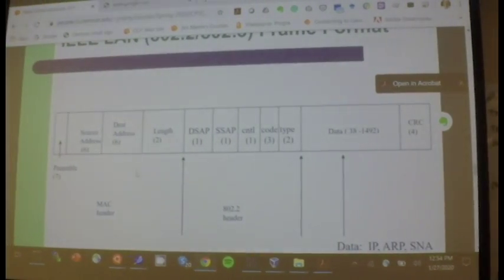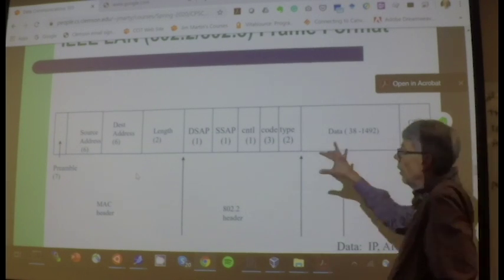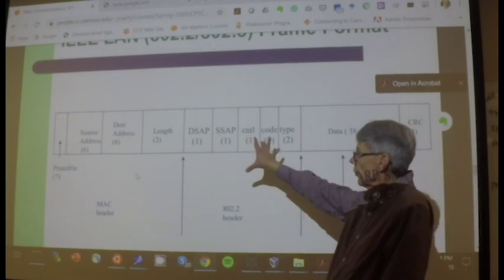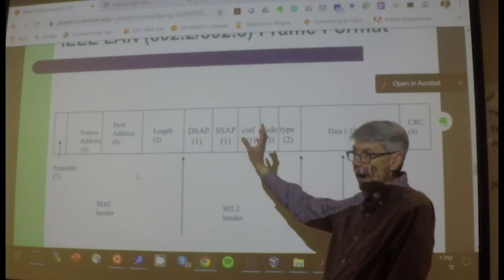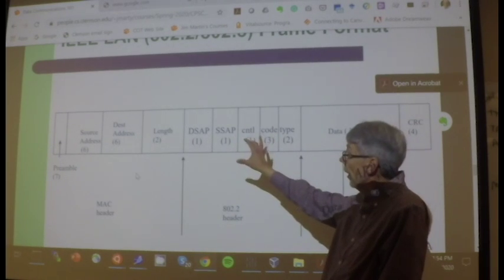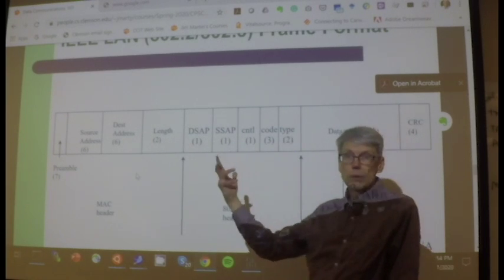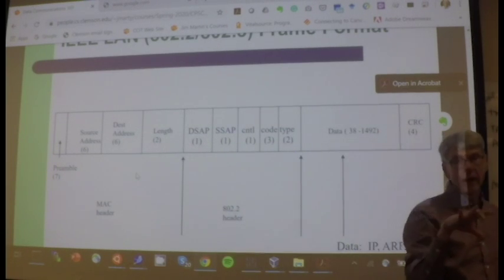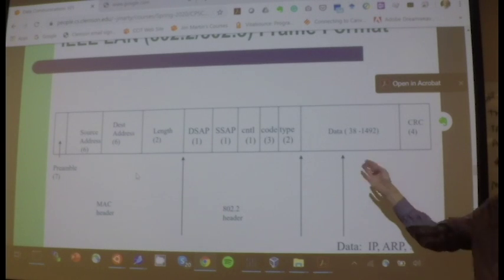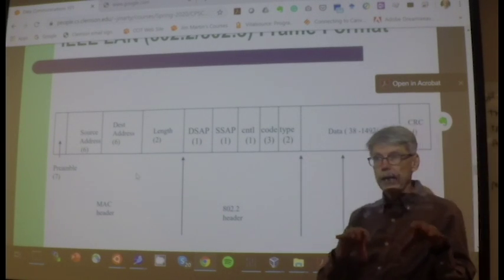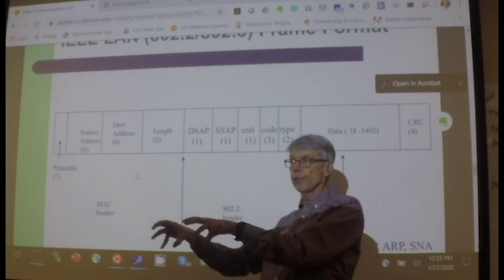Okay, so this is a picture of a frame. It's actually an Ethernet frame, but the Ethernet frame format is widely used with other physical mediums.